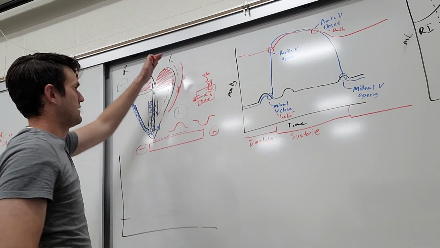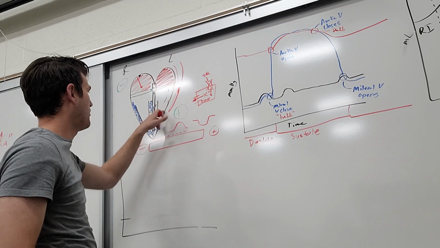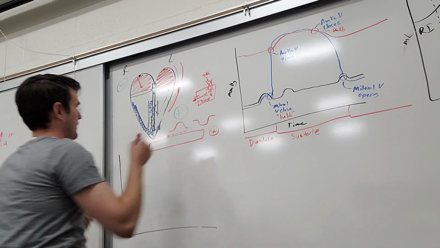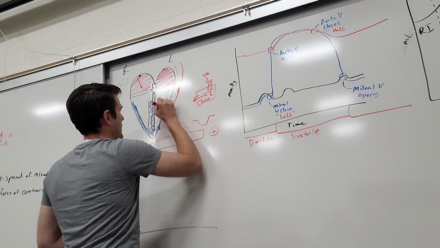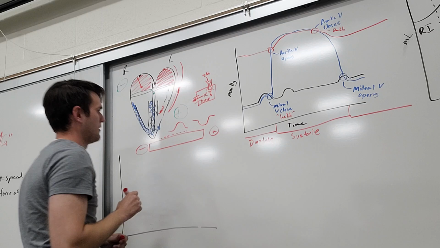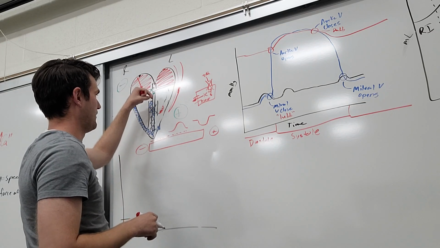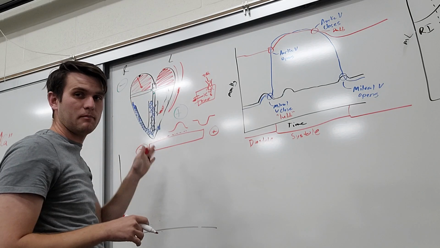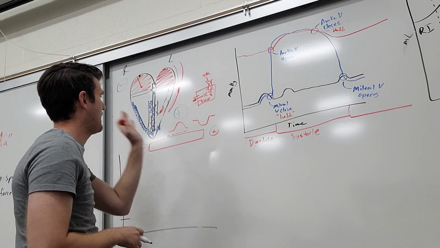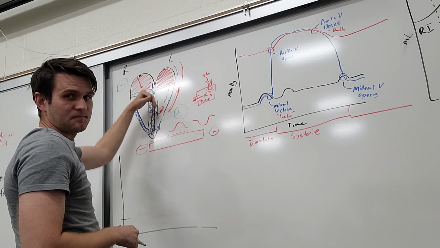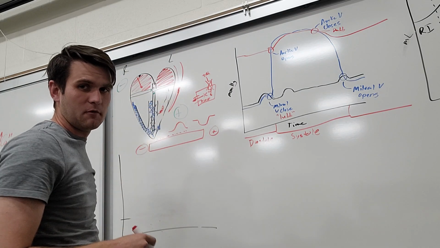But sometimes it's not able to overcome how hypoxic it is. So if you have a little bit of hypoxia here, now when we're repolarizing, it's supposed to repolarize epicardium to endocardium, but now it's going to have more of an endocardium to epicardium repolarization.